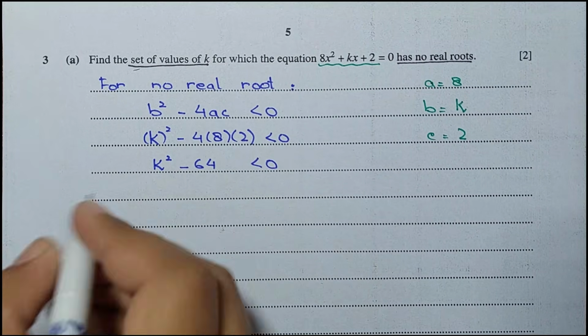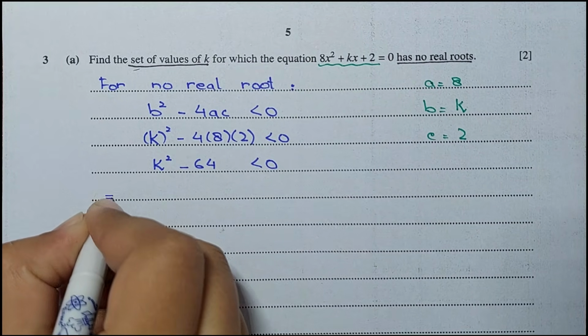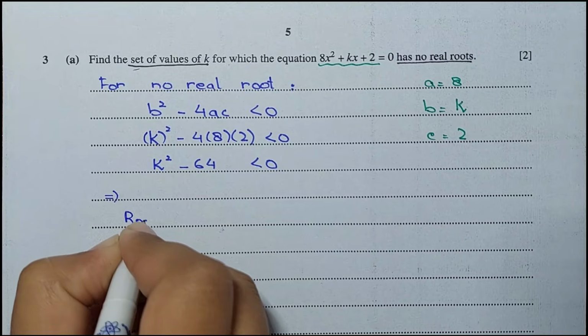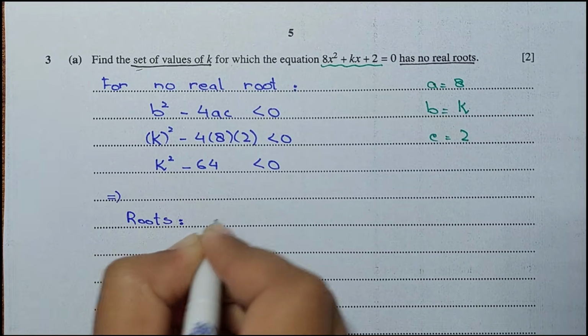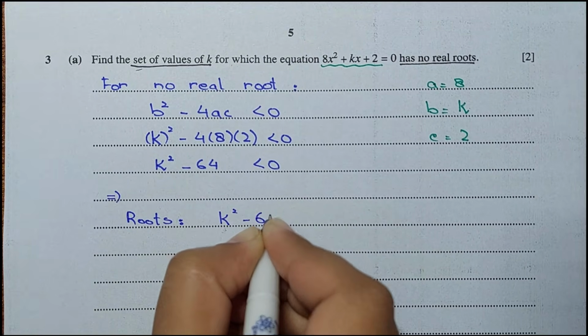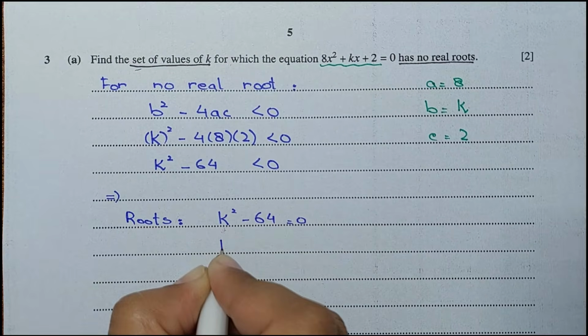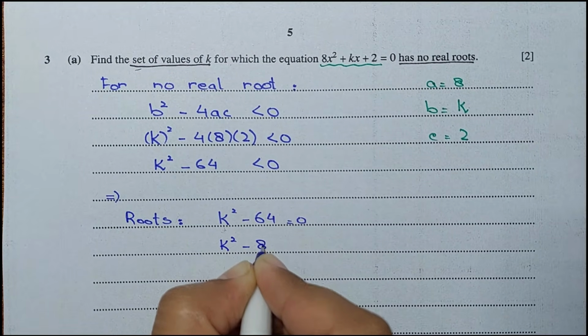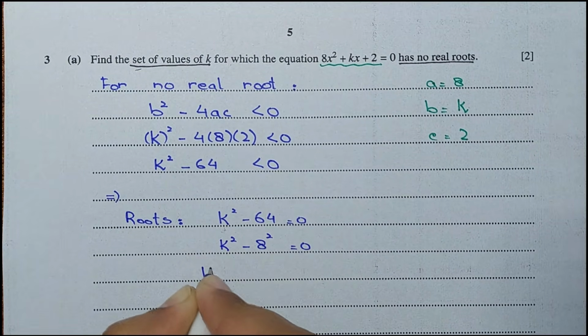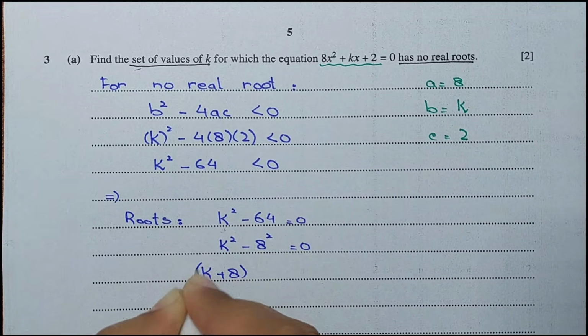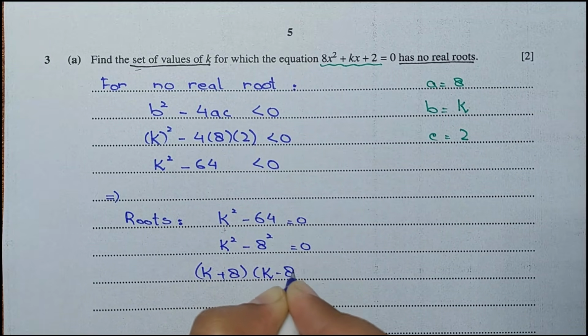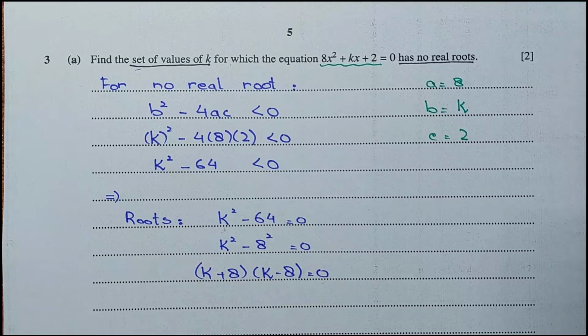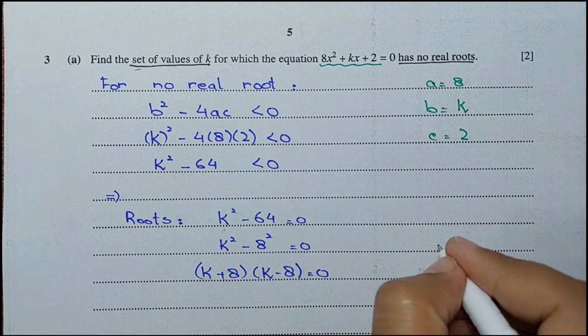Now here we can apply the difference of squares formula in order to find the roots. We can say k square minus 64 equals 0. Here k square minus 8 square equals 0, which is (k plus 8) times (k minus 8), the difference of squares formula: a square minus b square is (a plus b) into (a minus b).